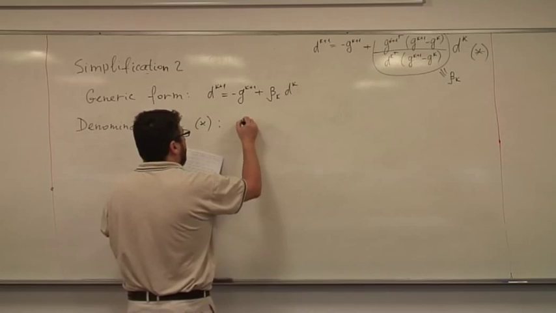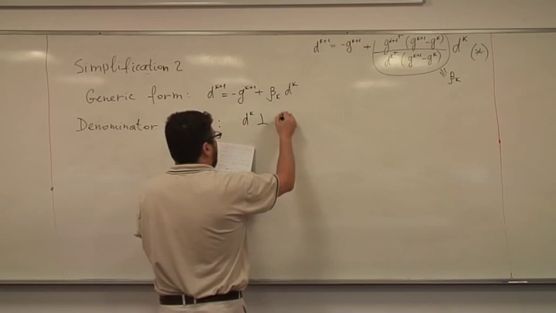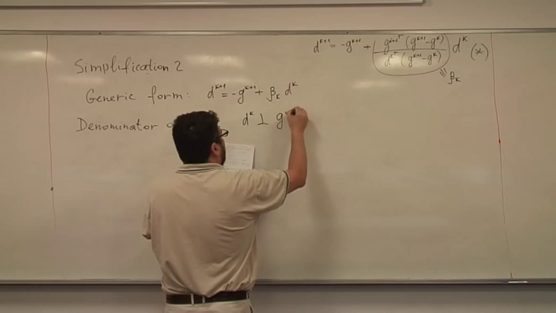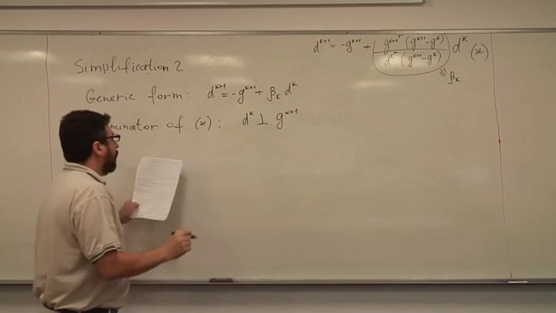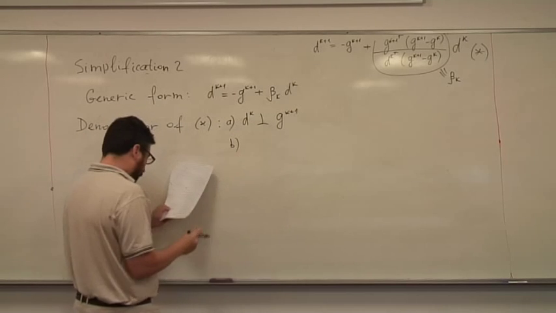We have d_k orthogonal to g_{k+1}. It's a and b, which we have in b.